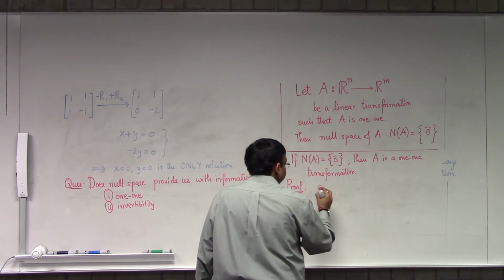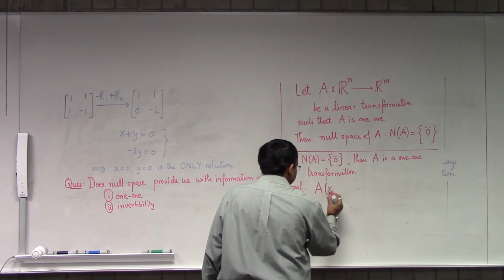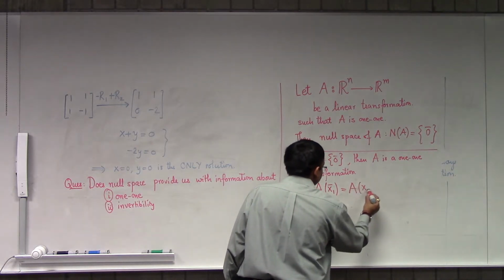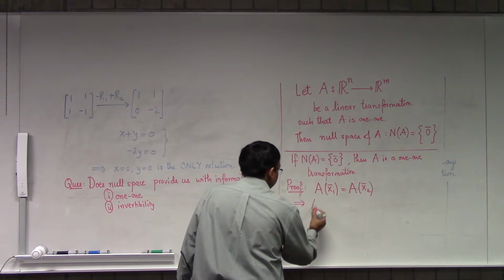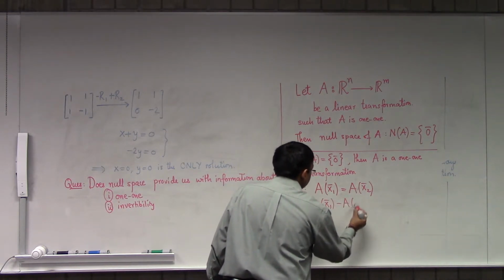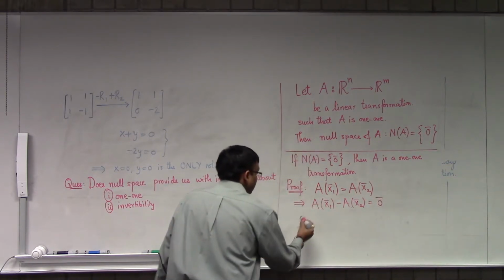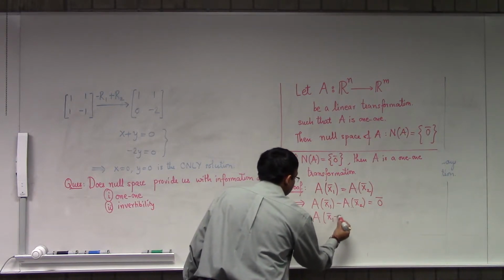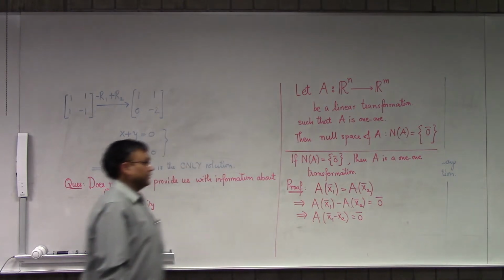Let us start with the basic definition of 1 to 1ness. What if Ax1 is equal to Ax2? By the linearity, can we say this is the same as x1 minus x2 getting mapped to the 0 vector?